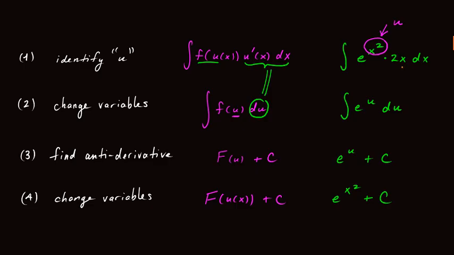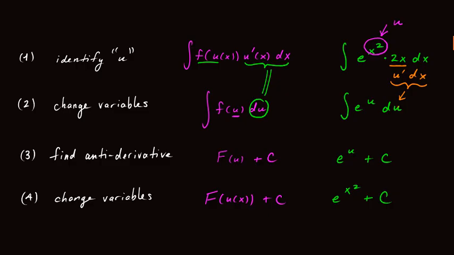So in the example over here, remember, u is x squared. So u prime, the derivative, is 2x. The derivative of x squared is 2x. So I have a u prime dx, and that's replaced with du. If you don't have a u prime here, you can't use substitution. So you've got to have a u prime going with the dx so that you can change it into a du.